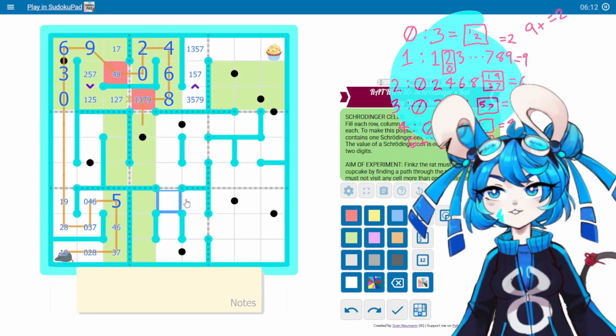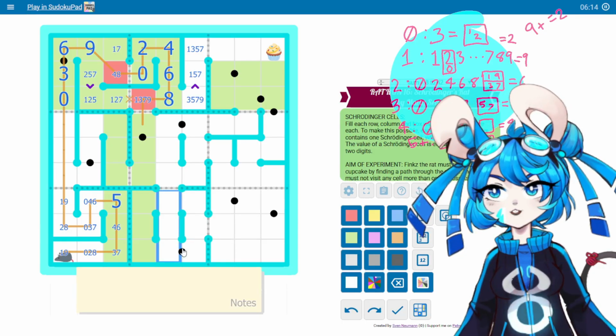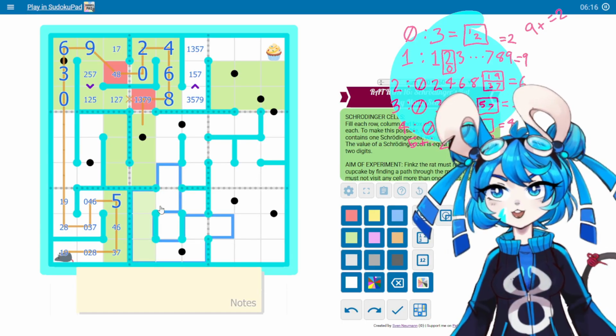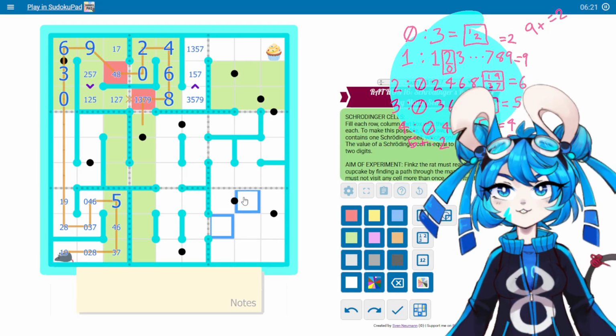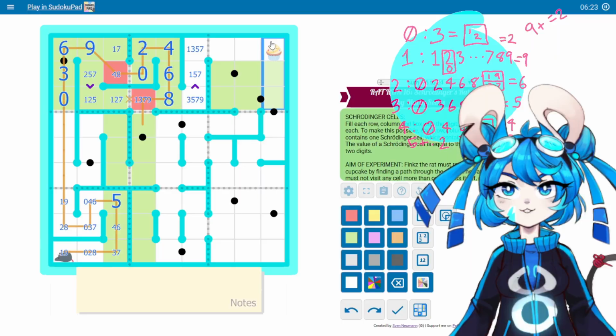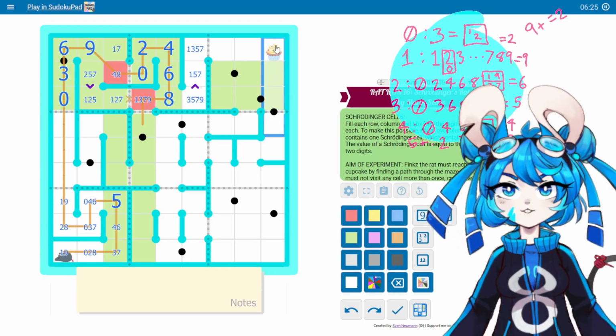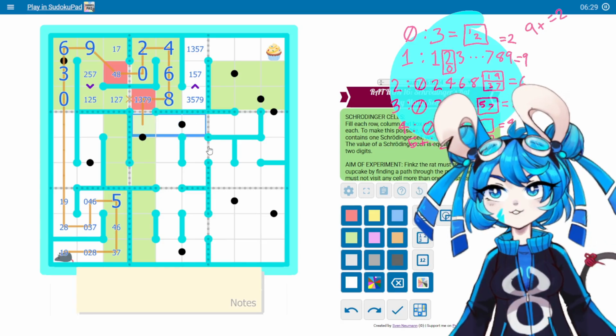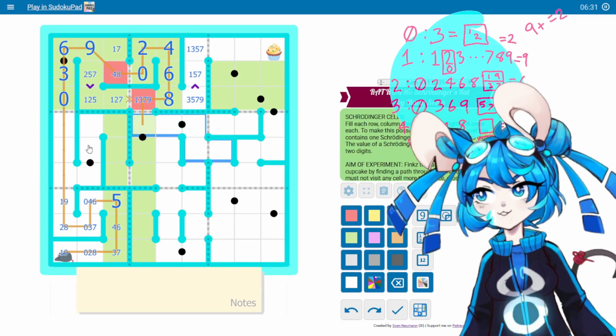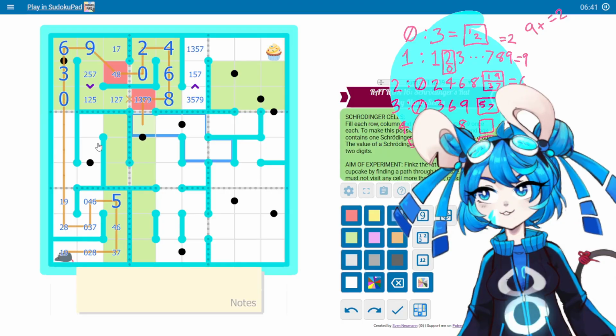In fact, if it enters this box, it has to only be 3, because it can't go around anyway and be like 4 cells long. If it goes through here, it would have to be 3, because we have to take into account diagonal movement as well. Now, where else can we look?